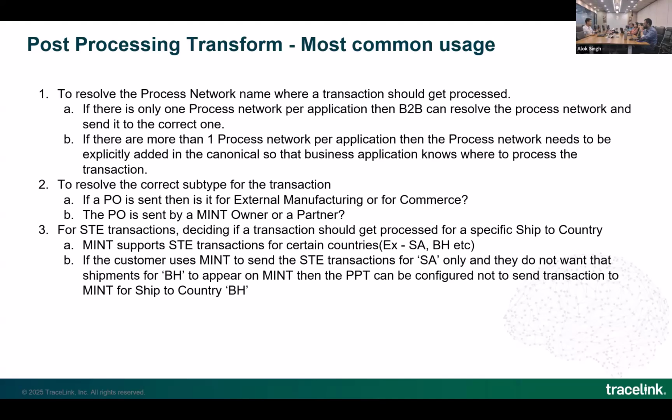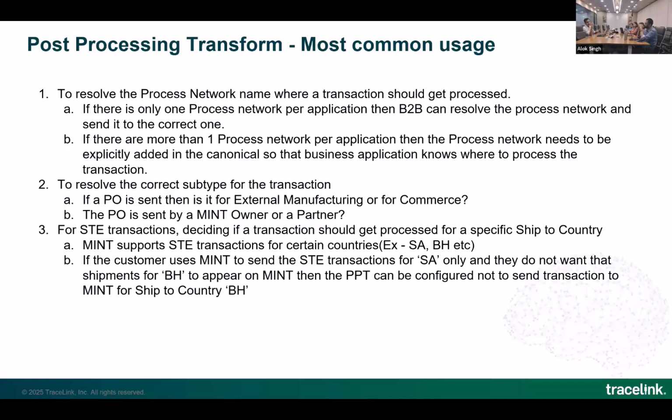The second most common usage is how to find out the correct subtype for the transaction, which is how to find out if a PO sent inbound from an external system is for external manufacturing orchestration or for commerce orchestration. And why does that matter?